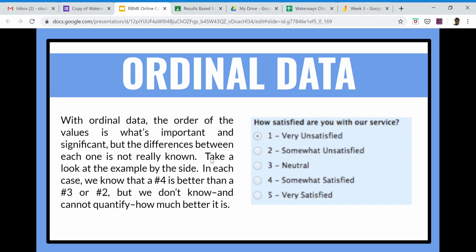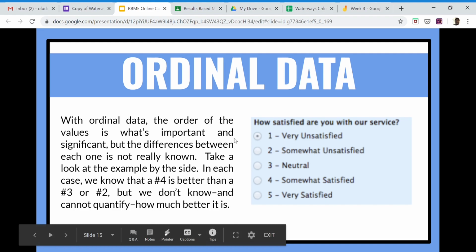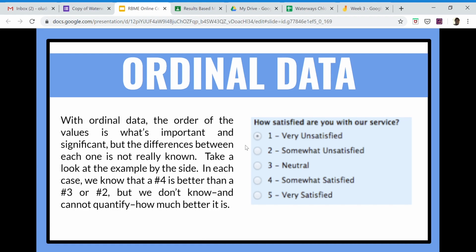However, you cannot actually differentiate between each one of them. In male and female, you can actually differentiate. In a country, you can differentiate, but here you cannot. For example, with very unsatisfied and unsatisfied, you cannot differentiate what is in between them, which means you cannot necessarily quantify what is in between them.